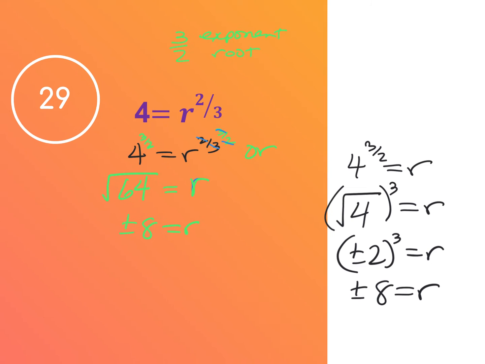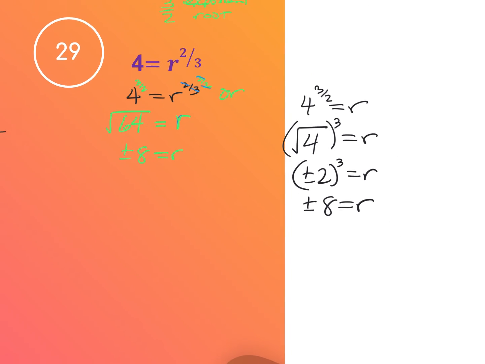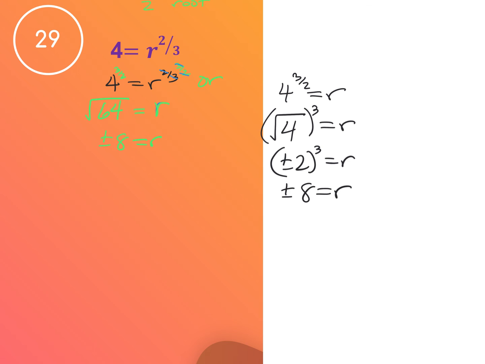Now, let me add a problem to this. Let's say it was 64 equals x to the 2/3. On a problem like this, once I multiply both sides by the reciprocal power, I wouldn't want to do 64 to the 3rd power without a calculator. I would rather square root it first and then cube that answer.